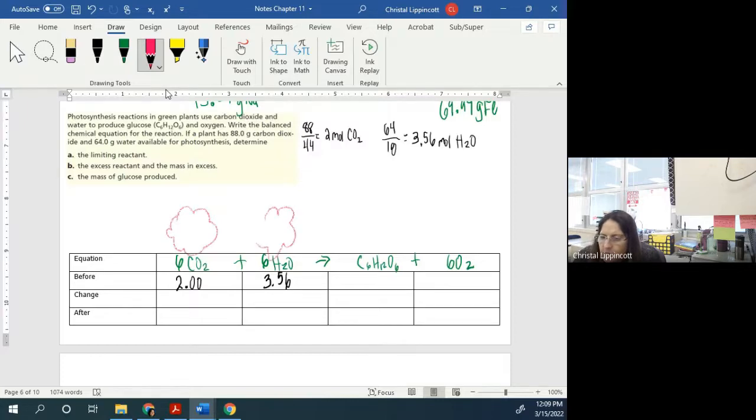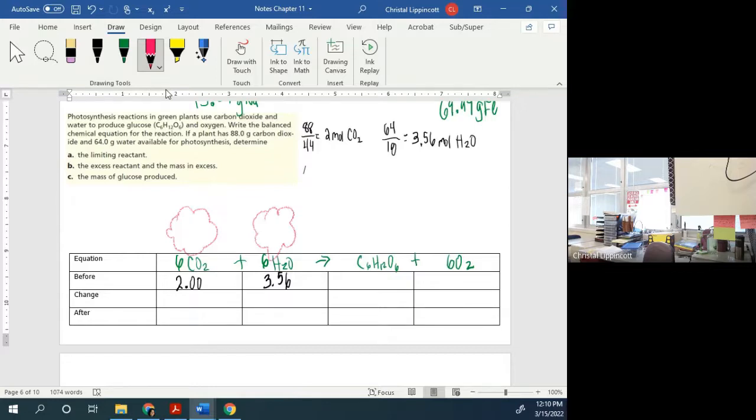Take a minute to figure out your clouds. Anybody not able to get the 2 and the 3.56? Good.